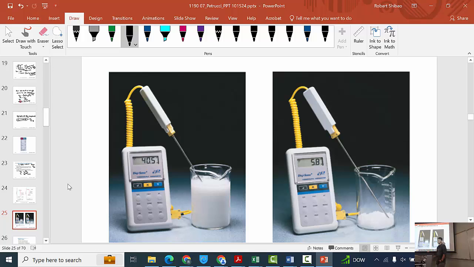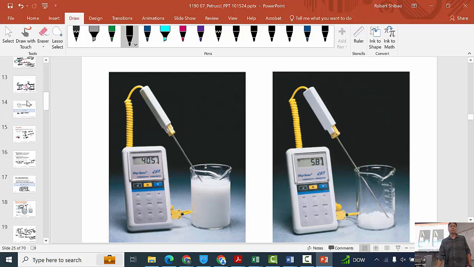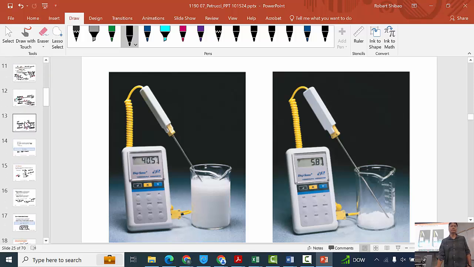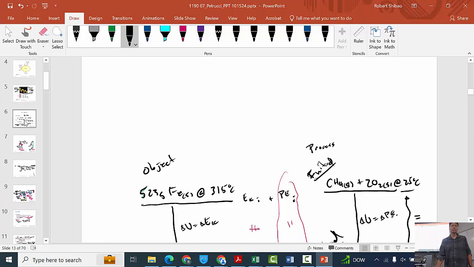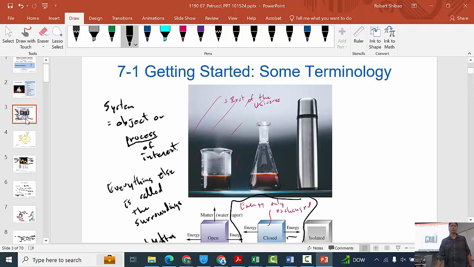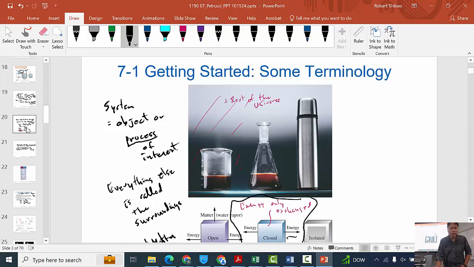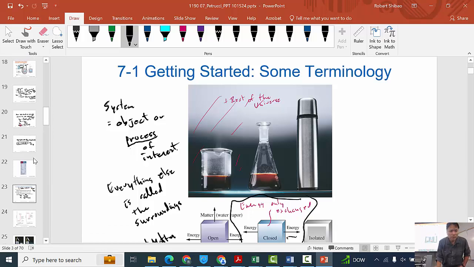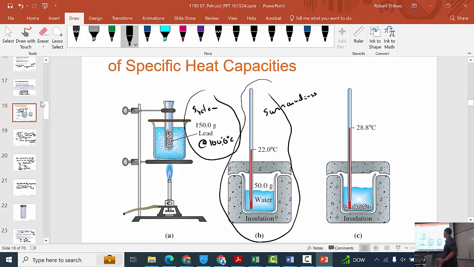Sometimes the surroundings is a bit more than the calorimeter, like in the case in our lab. In this case, the surroundings was the 50 grams of water plus the calorimeter.